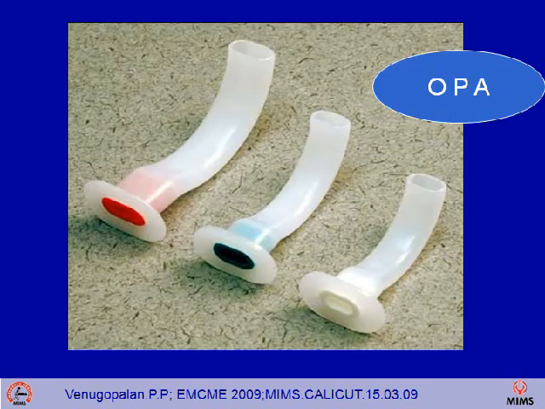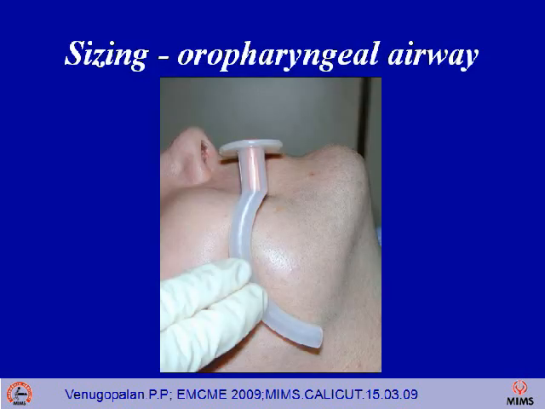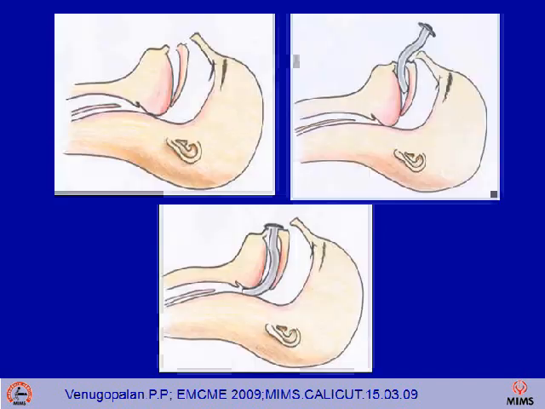These are a few pictures showing different sizes of oropharyngeal airway. So before using an oropharyngeal airway, you should use the appropriate size. For sizing the airway, you should measure from the angle of the mouth to the angle of the mandible.